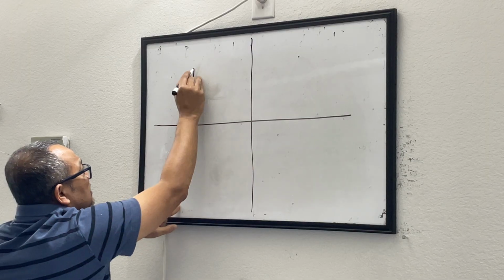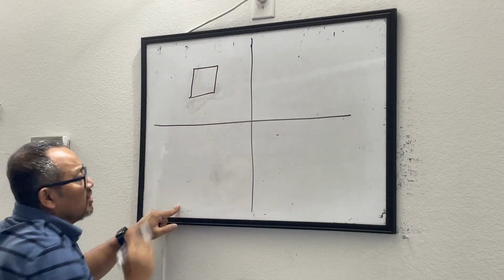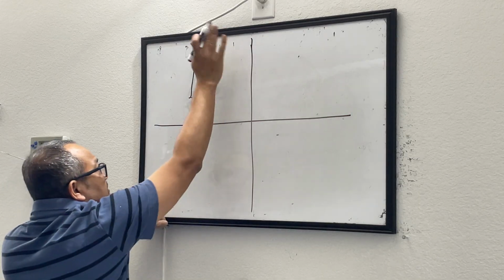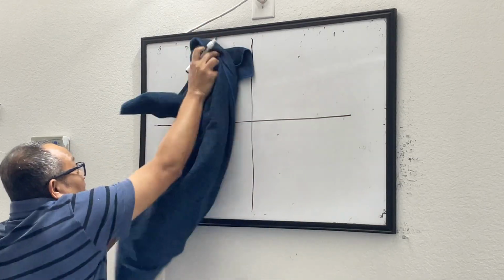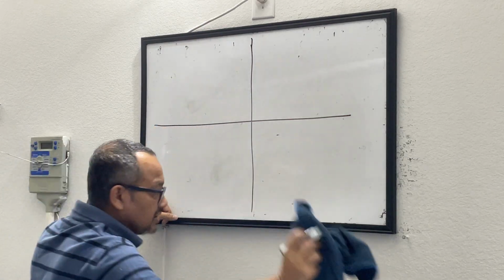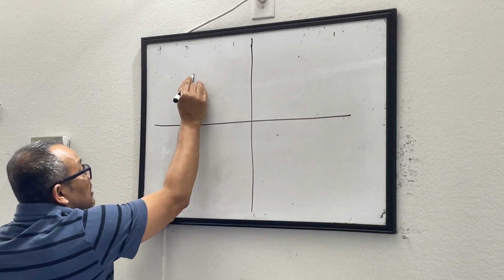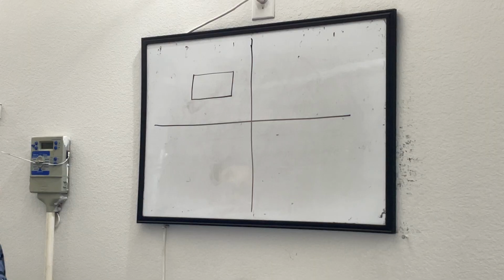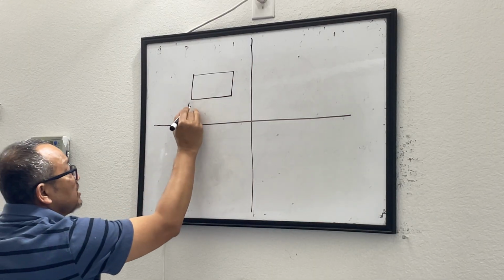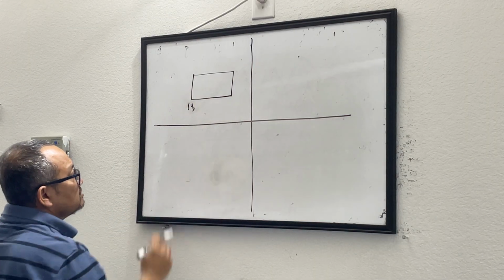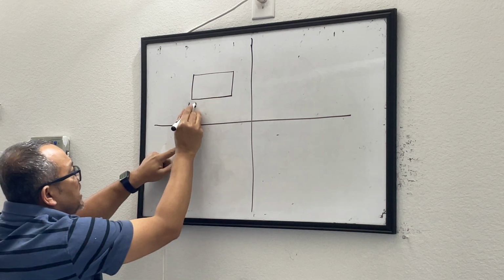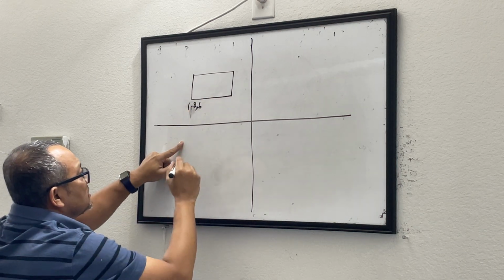Let's say I have a rectangle, a square. Square, rectangle. Doesn't look like either of them. So let's say I have a rectangle. Okay? This has coordinates 4, minus 8, 6.